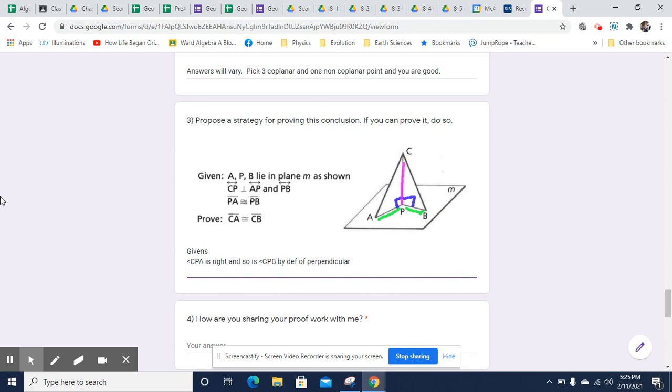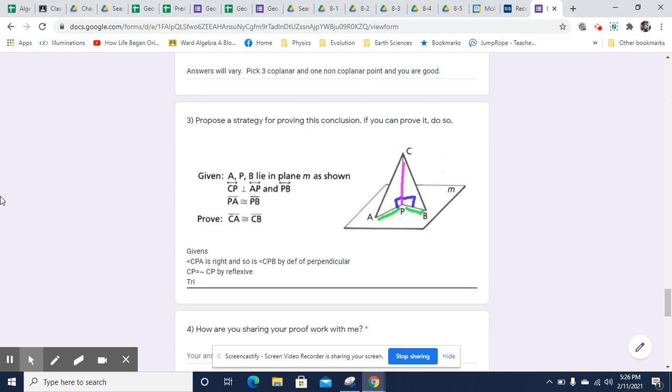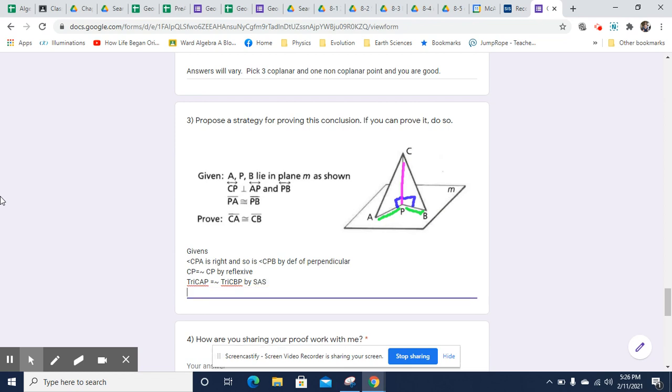Now we can also say that CP is congruent to CP by reflexive. And then we can say triangle CAP is congruent to triangle CBP by side-angle-side. Then finally, CA is congruent to CB by corresponding parts of congruent triangles are congruent. And we are done with that.